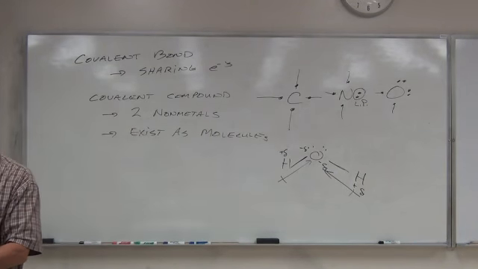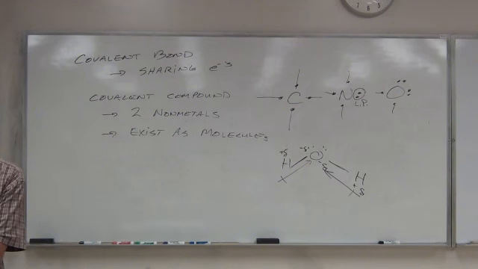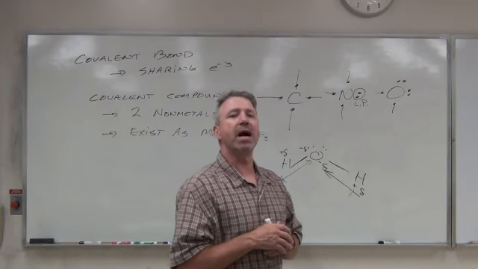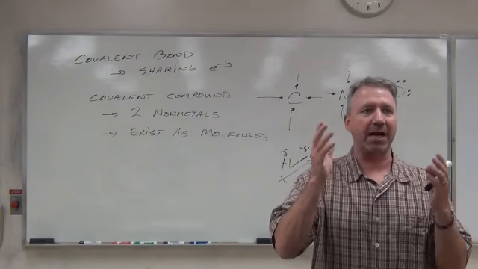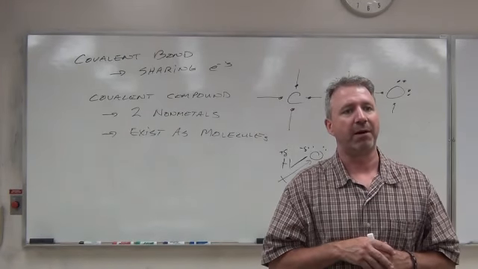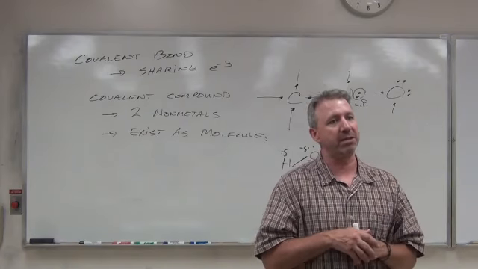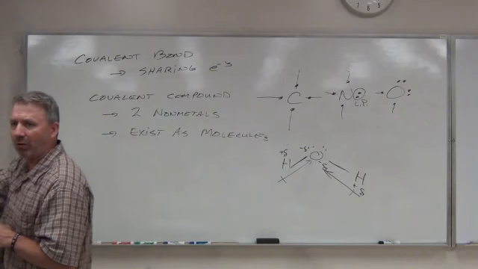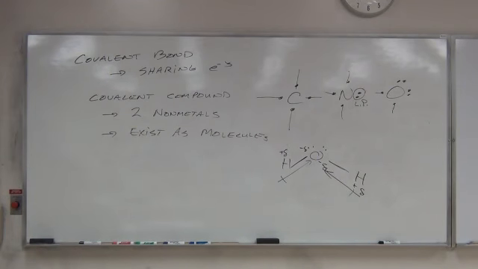If your geometry is linear or tetrahedral on those polar bonds, the molecule itself is nonpolar. It doesn't react in a magnetic field. The polarities cancel each other out. Every other configuration will result in a polar molecule. Polar bonds, polar molecules.